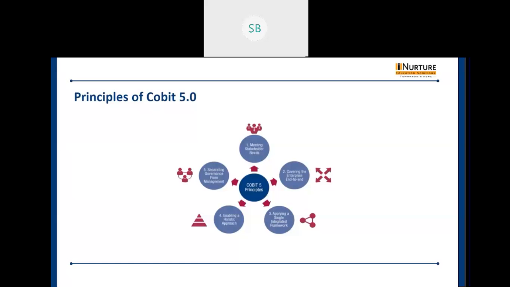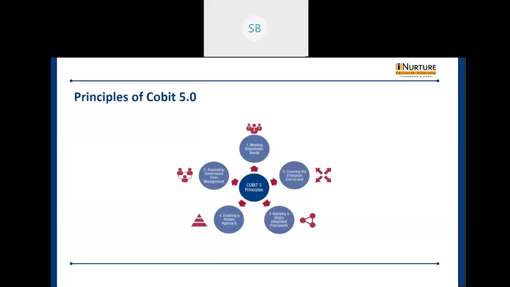First, identifying the stakeholders' needs, whether external or internal. Then we have to find the internal or external goals, and once we have done that, we have to follow the PDCA life cycle, and then we must adhere to the standards and guidelines of COBIT.